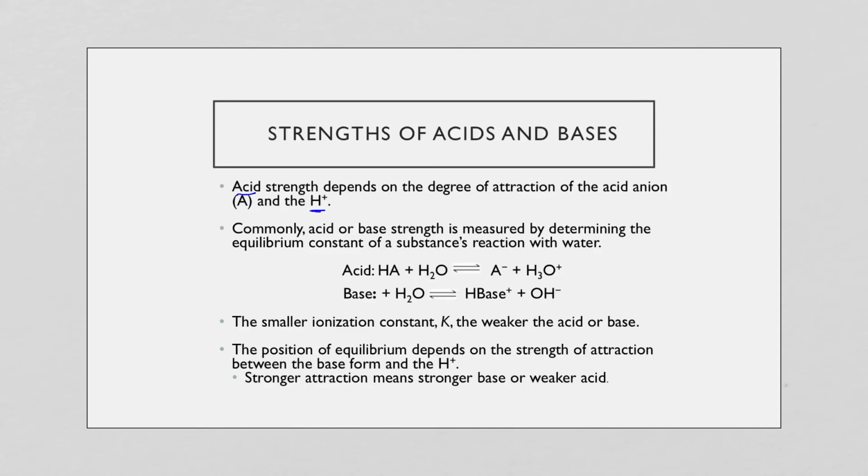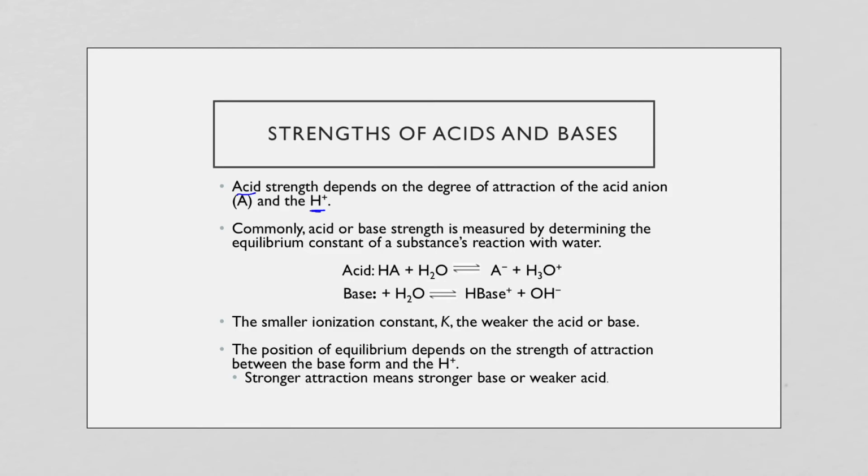Because if we have a strong interaction, it's going to be hard to pull that hydrogen away, which is what's necessary for it to be lost. So if we have a very strong attraction, that's going to create a weak acid.